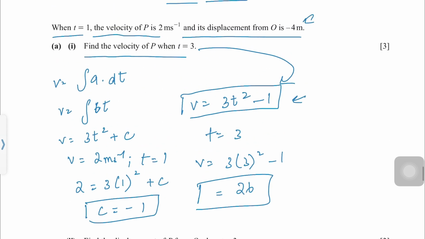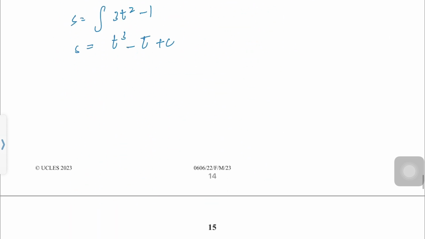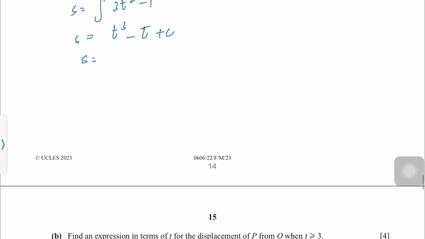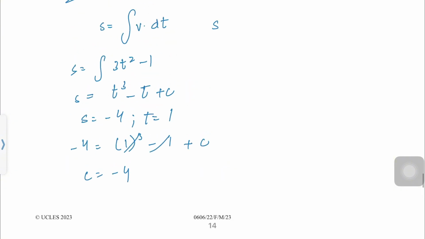Now applying initial conditions, our displacement was given as minus 4 when t is equals to 1. S is equals to minus 4, t is equals to 1. This would be minus 4, 1 cubed minus 1 plus c. So this would be c as minus 4. So our displacement's equation would be t cubed minus t minus 4.